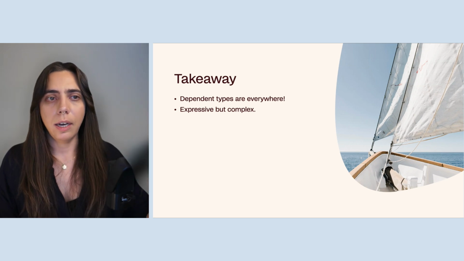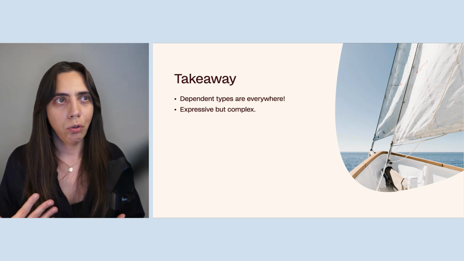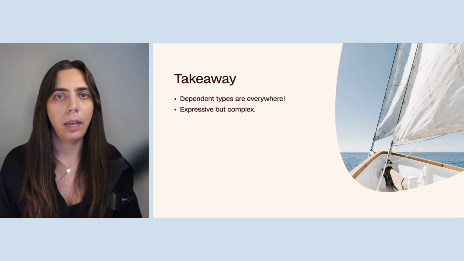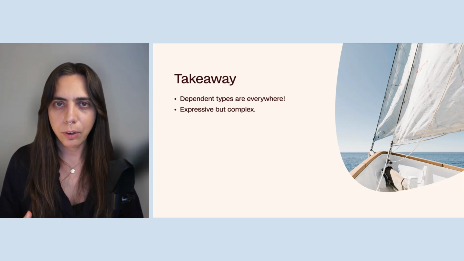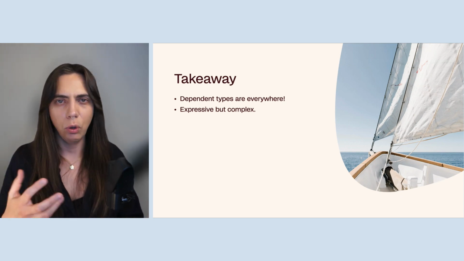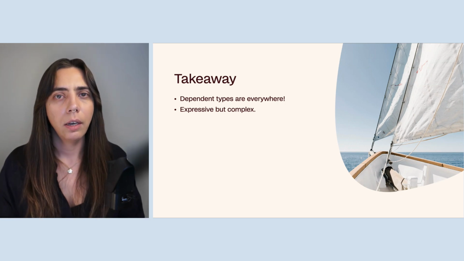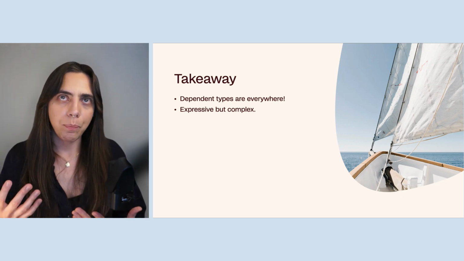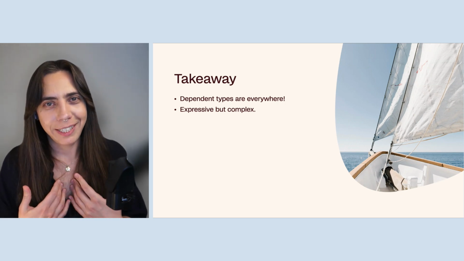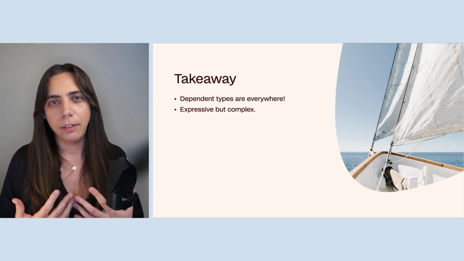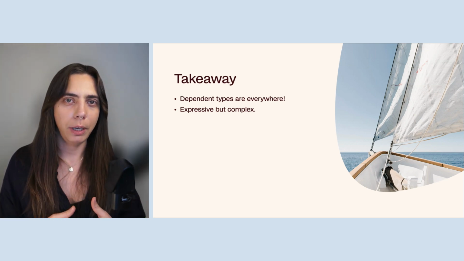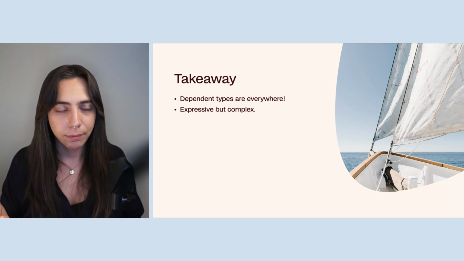So you need to get used to this way of programming, and you can get more difficult to understand errors and unification issues and stuff like that. So, I mean, I have a PhD in dependent type theory, but I wouldn't say dependent types is the end all be all and we should be using it all the time for everything.